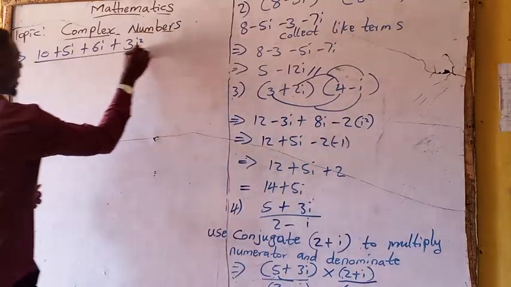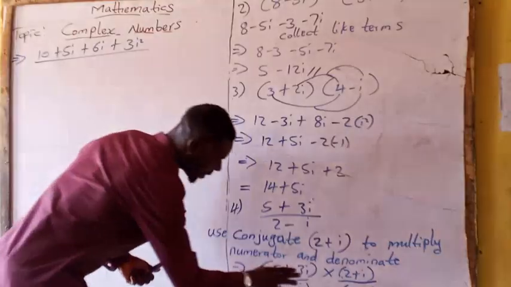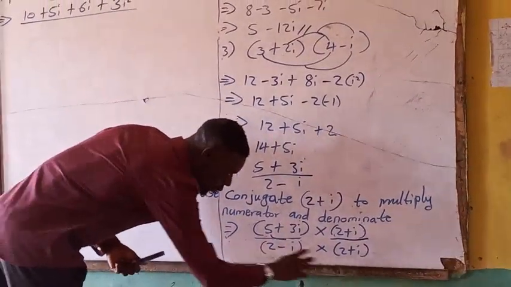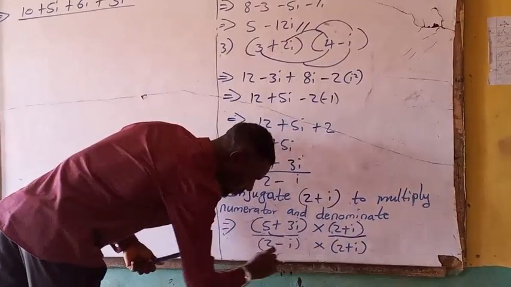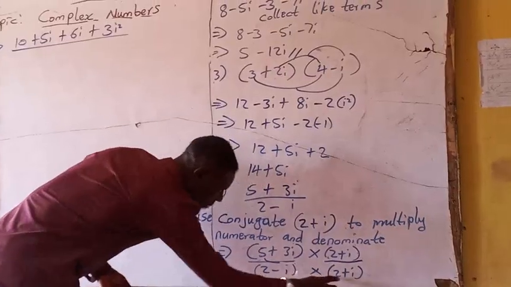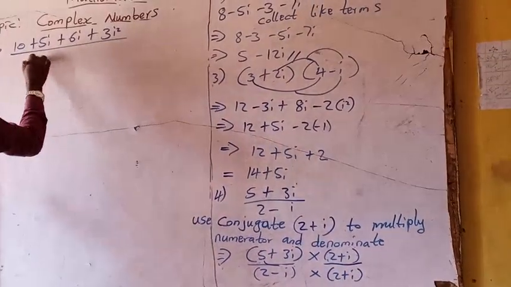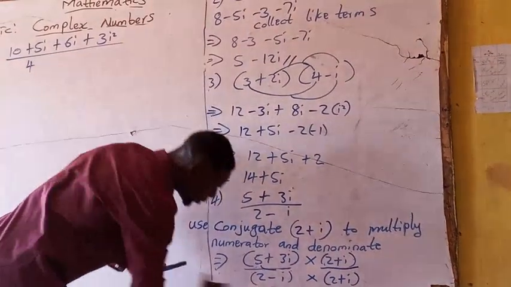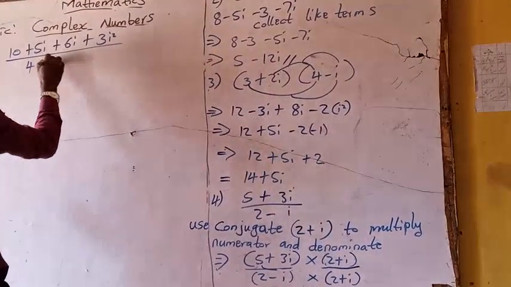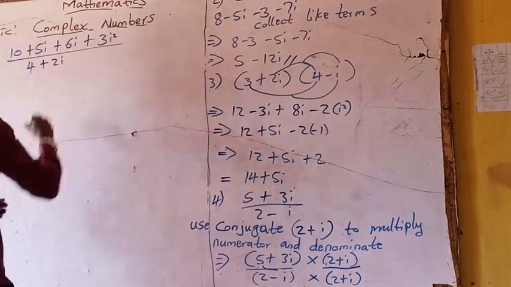All divided by, now, the same pattern we use on the numerator, we want to use it on the denominator. Use this 2, this first number here, to multiply all the brackets. 2 times 2 will give us 4. 2 times i will give us plus 2i.